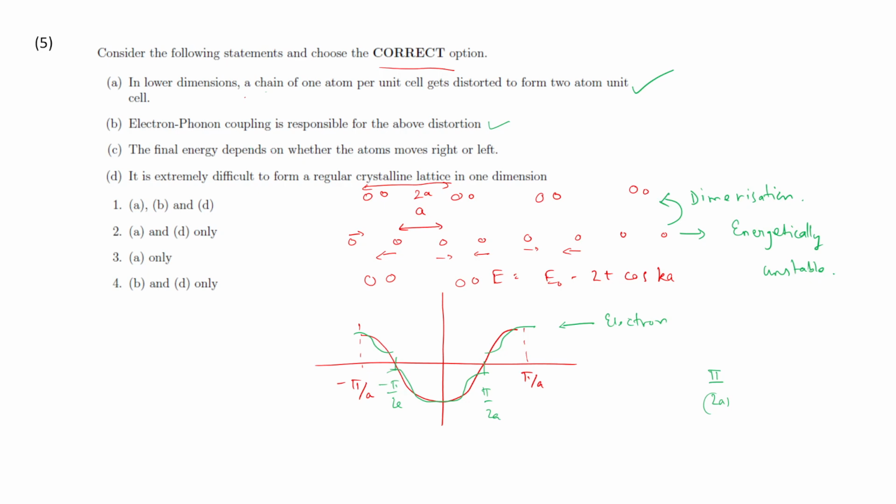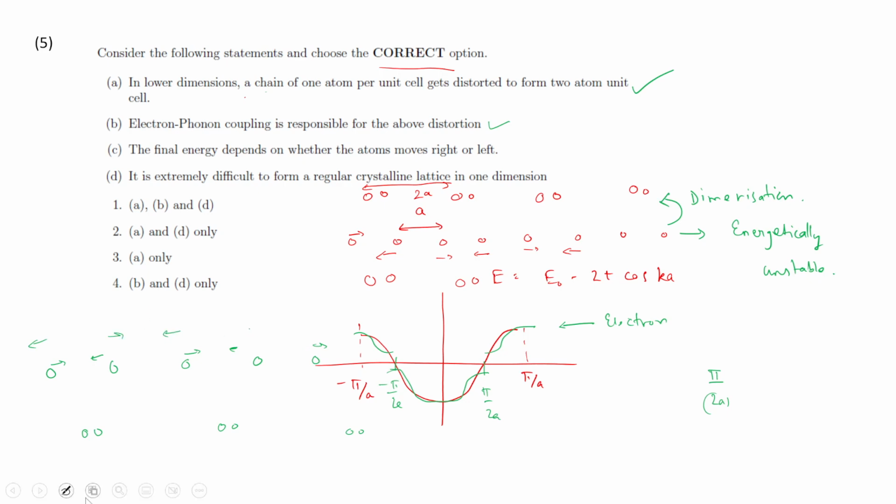The final energy depends on whether the atoms move right or left. It doesn't matter actually. Suppose you consider atoms 1 2 3 4 5, either the configuration is this, so in this case these are coming together, or the configuration would be this.